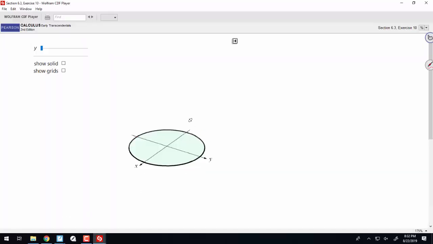Okay, so we've got this circular base, but say maybe we have this weird knife that we're cutting through, and every time we cut through, it makes a triangle. So there's one slice into that region. What we're doing is filling that entire region up with these. And notice how the equilateral triangles change because the length of the base changes.